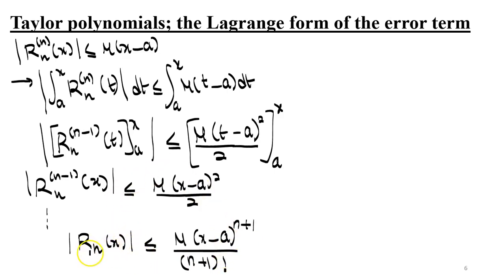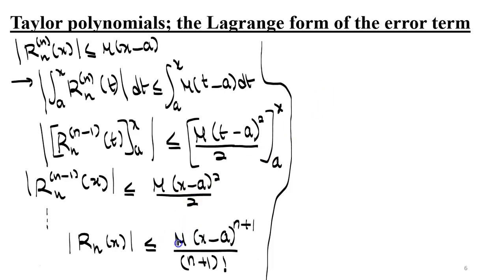So over here you can actually see that I ended up having the remainder of the approximation in absolute value smaller than M times x minus a to the n plus 1 over n plus 1 factorial. So we're getting closer to the Lagrange form here.